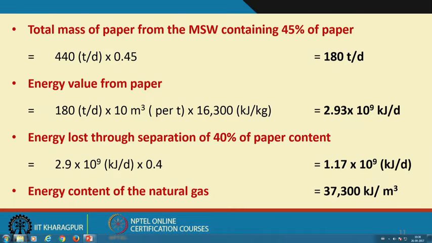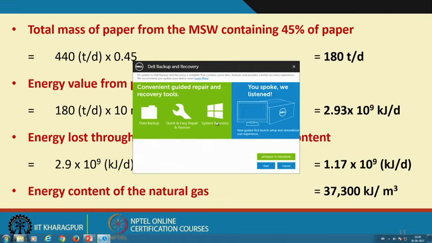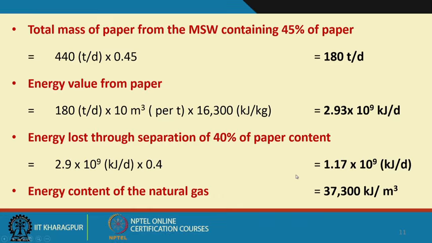The energy value from the paper is 180 tons per day into 10 meter cube per ton into 16,300 kilojoule per kg, which is equal to 2.93 into 10 to the power of 9 kilojoule per day. So, the total energy value of the paper is 2.93 into 10 to the power of 9 kilojoule per day.